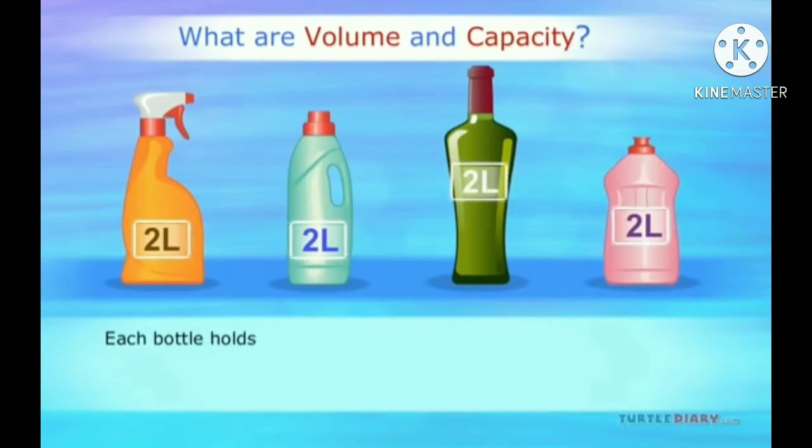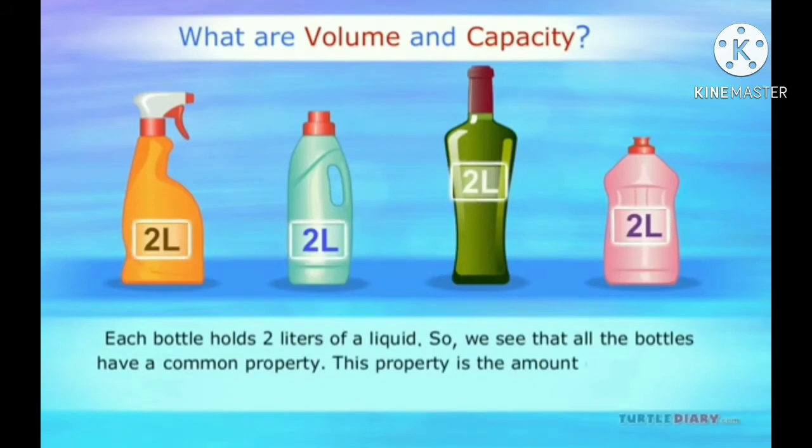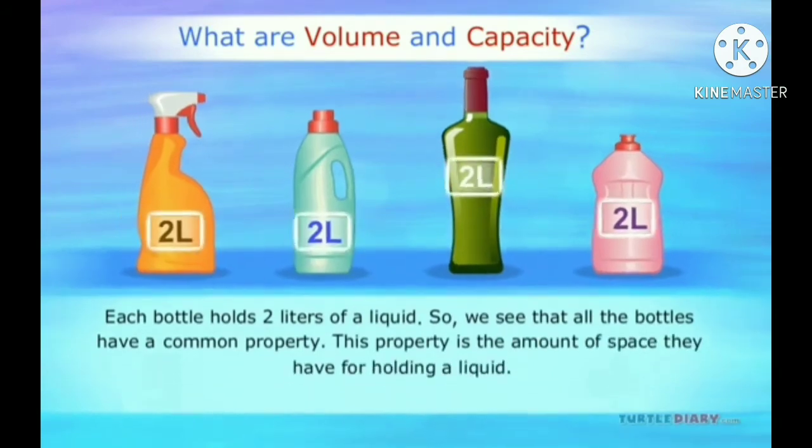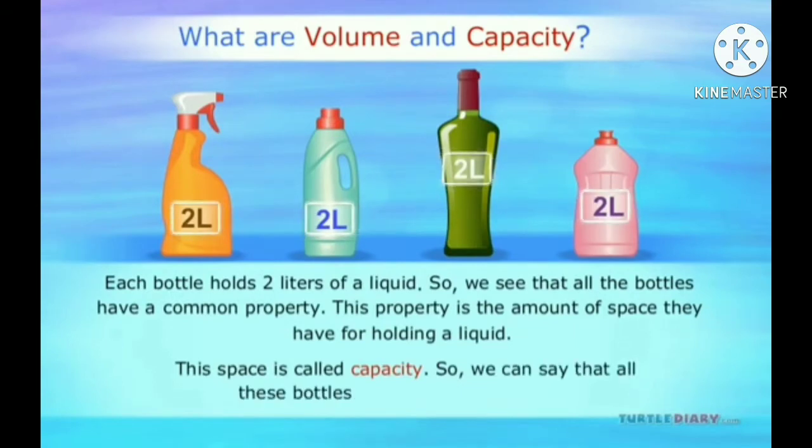Each bottle holds 2 liters of a liquid. This property is the amount of space they have for holding a liquid. This space is called capacity. So, we can say that all these bottles have the same capacity.